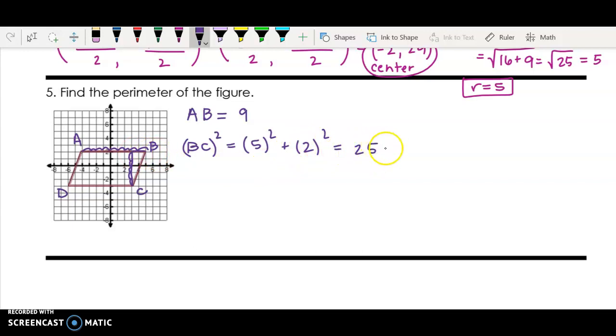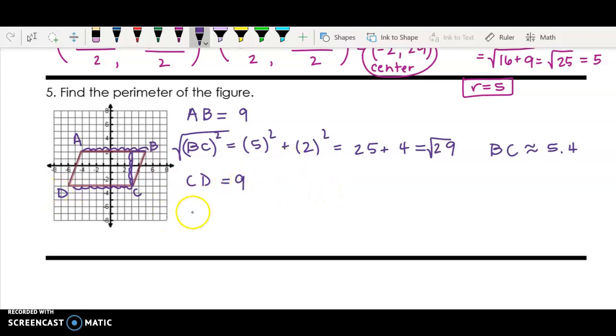That gives me 25 plus 4, which is 29. Now we've got to square root that. So BC is the square root of 29, which is approximately 5.4. Now we'll find the length of CD, which is 9.